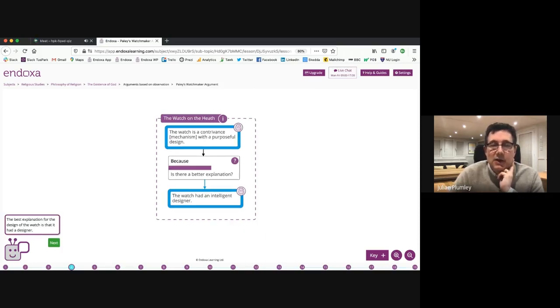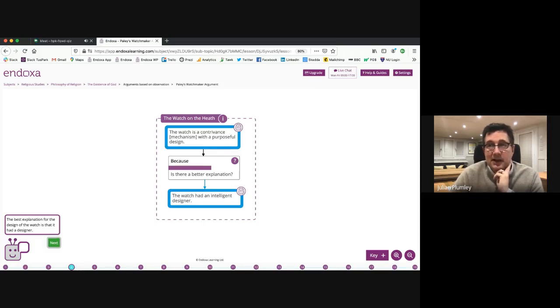So we're going to take the statement that was already derived in the first step and use what's called a best explanation argument. You can just read it like that. The watch has a purposeful design because the watch had an intelligent designer. And this kind of argument step is talking about what's the most likely way it came about.